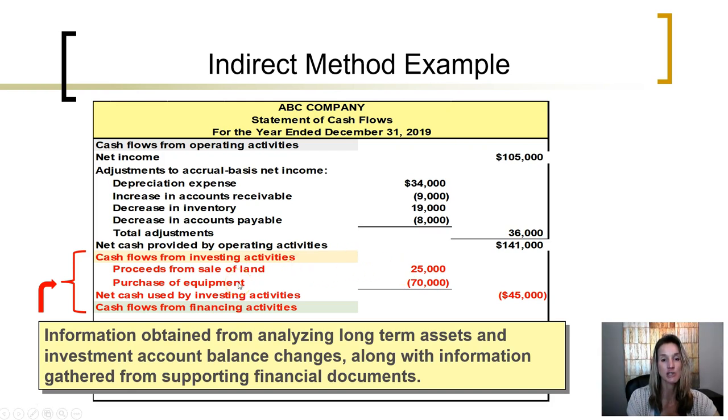Equipment was purchased during the year in the amount of $70,000. Because the purchase of equipment involves a cash outflow, that is reported as a negative number. If we combine the cash inflows and the cash outflows within this section, overall we ended up with a negative number, indicating that overall investing activities used more cash than it provided.